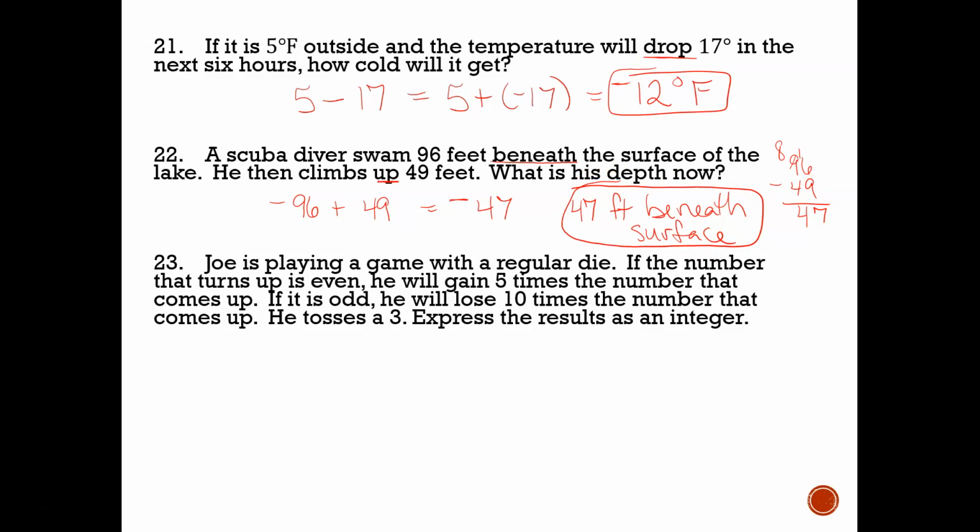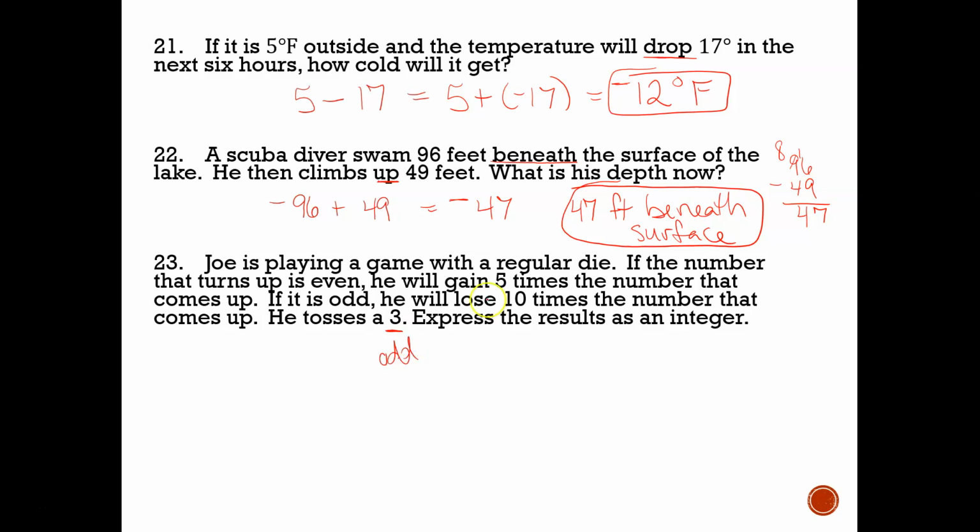Okay, Joe is playing a game with a regular die. If the number that turns up is even, he will gain 5 times the number that comes up. If it is odd, he will lose 10 times the number that comes up. So he tosses a 3. So you decide, well, is 3 even or odd? And 3 is odd.